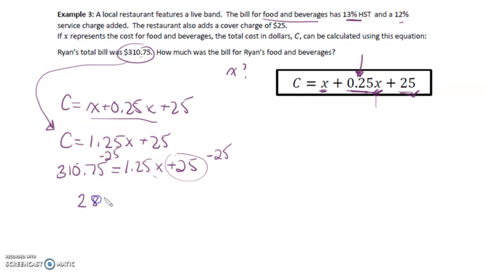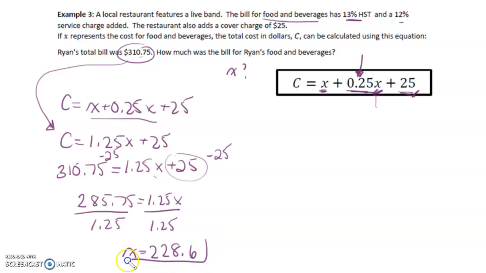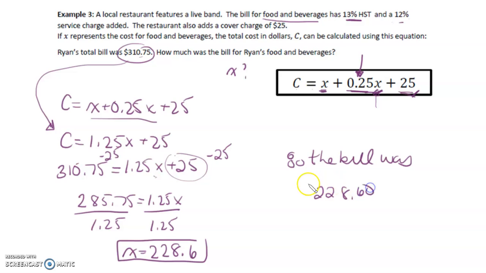We're left with 285.75 equals 1.25x. Okay, and divide both sides by 1.25, we get x equals 228.6. Okay, so therefore the bill was $228.60.